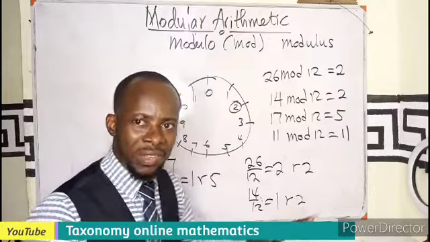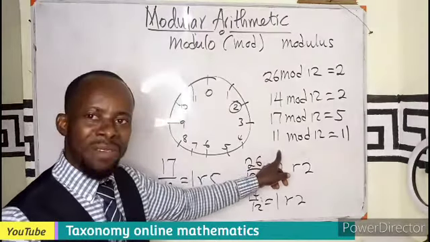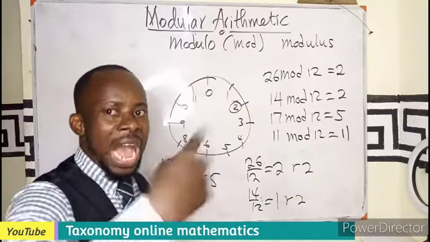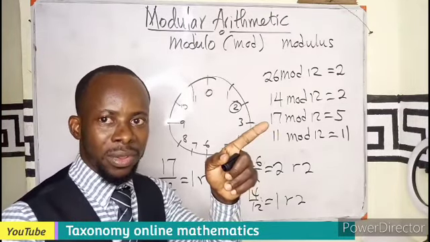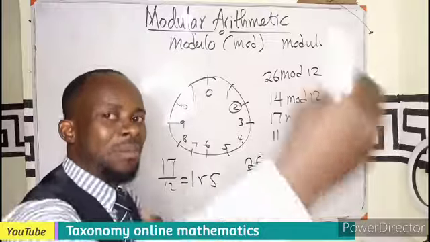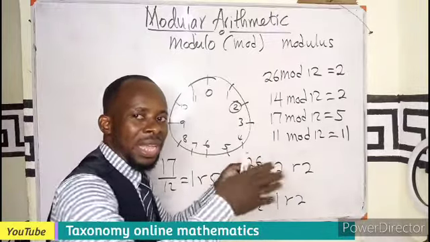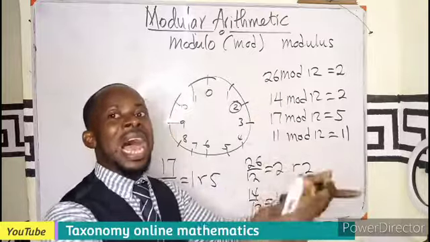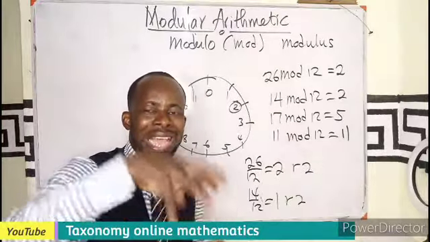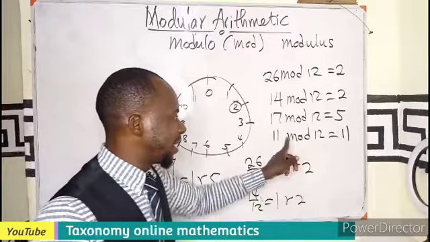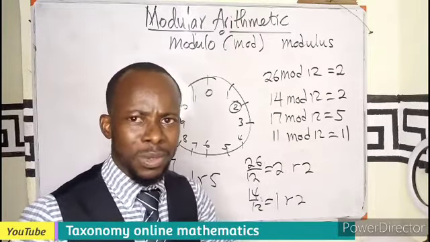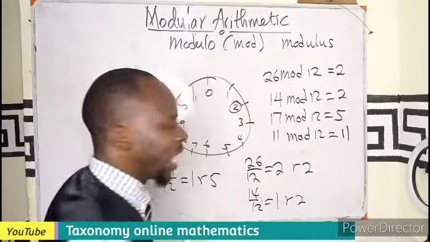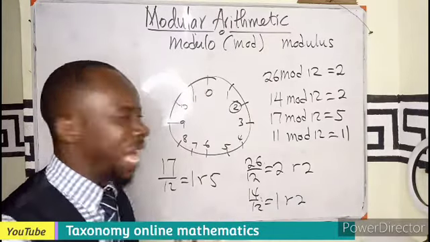Before we get 11: 11 divided by 12 will give you 0. If you use your calculator, you get 0 point something. The 0 is a whole number, whatever comes is a decimal point. So it will be 0, remainder 11. You will not get a whole number when you divide 11 by 12. Do you get my point clear now? So any number given to you, you can roll over to get an answer.